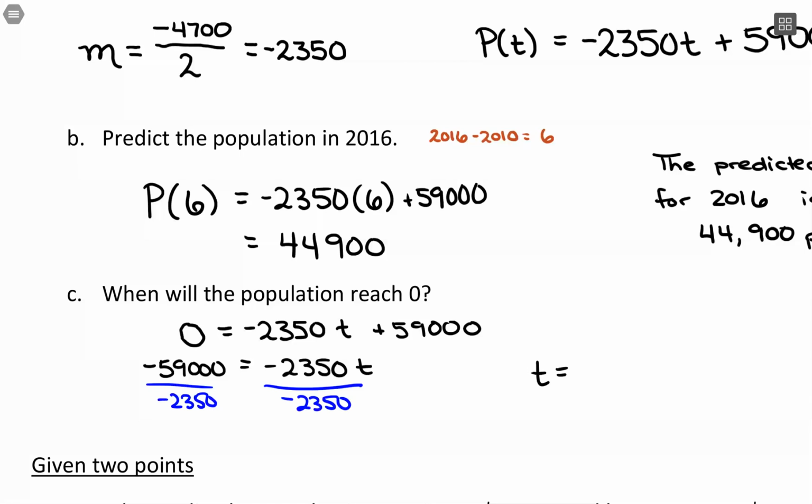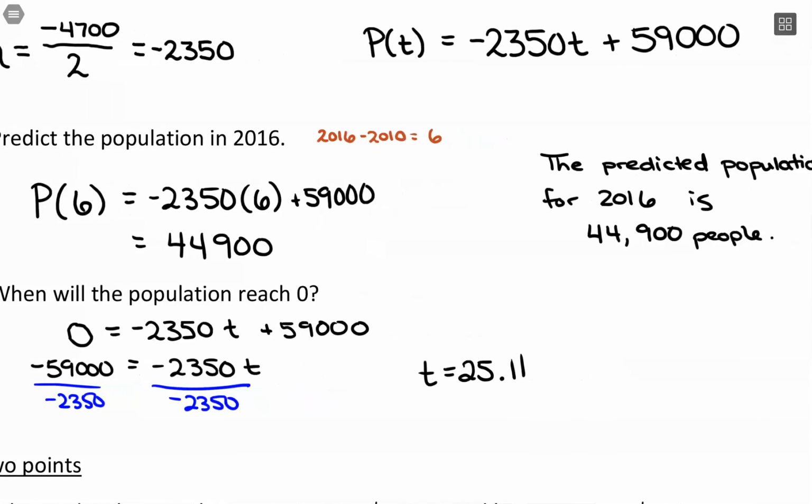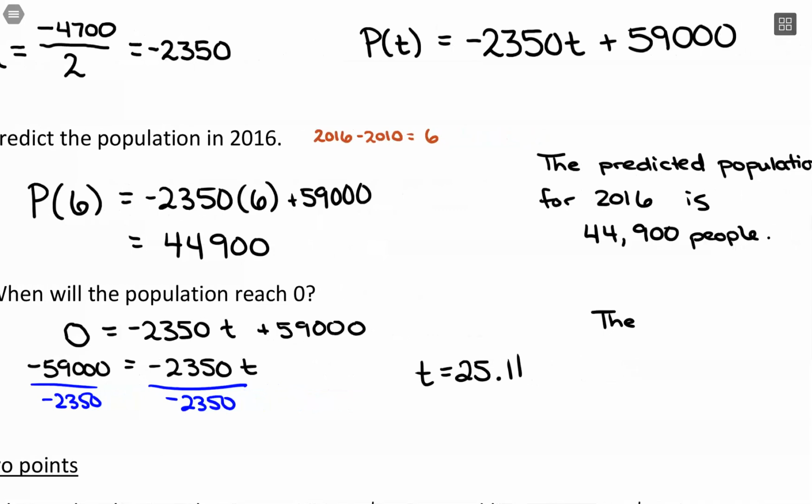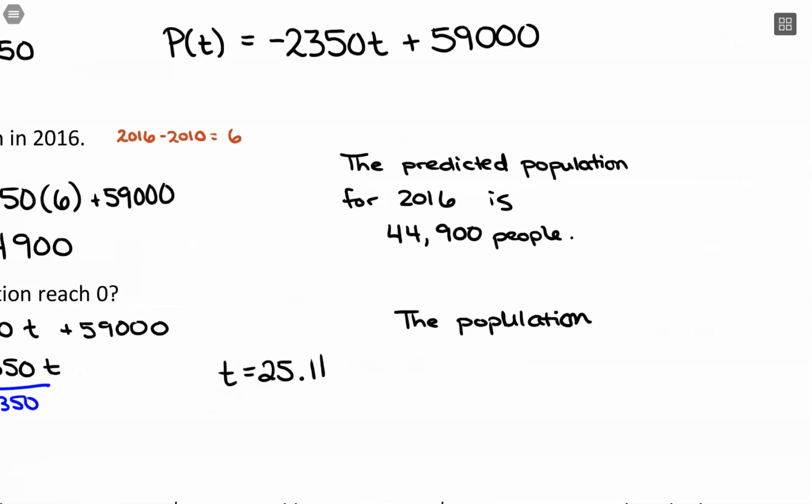And that would give us t equals 25.11. So in terms of year, we could say the population will reach 0. And you could round this to just 25.